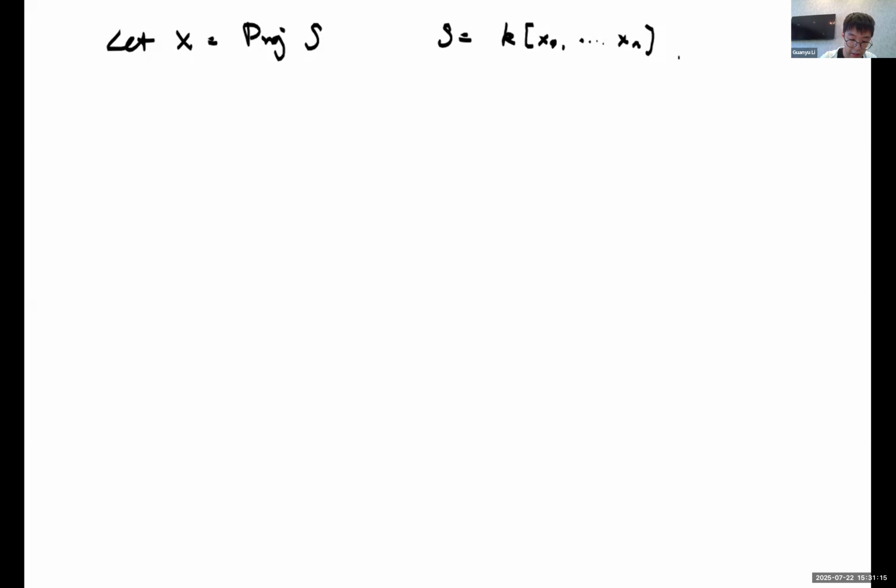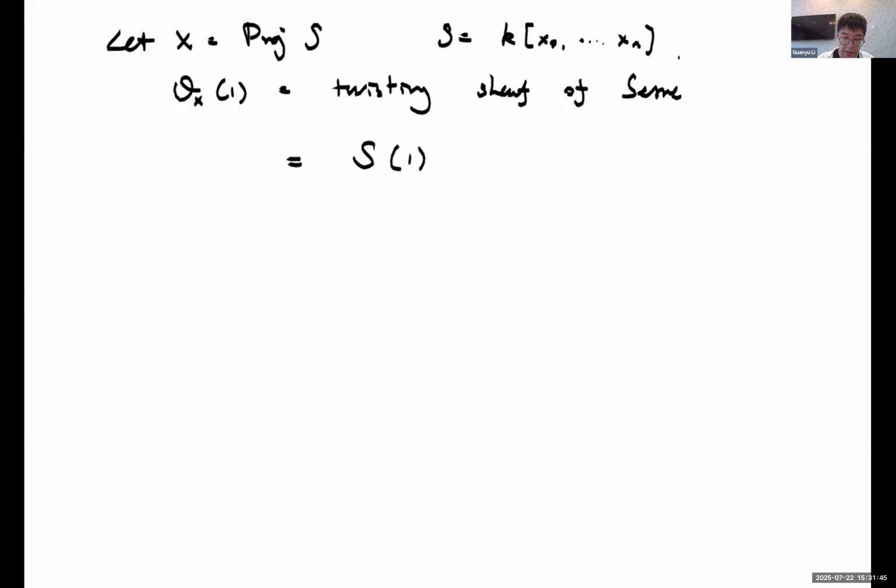And then we say O_X(1) is the twisting sheaf of Serre. How do I think of this? You have S with a 1 degree shift and you take the sheaf of it. This is another way of thinking about it, algebraic.